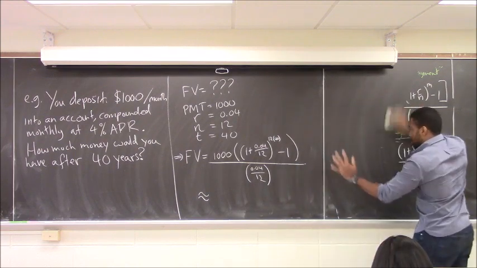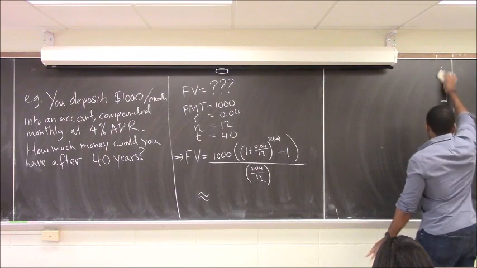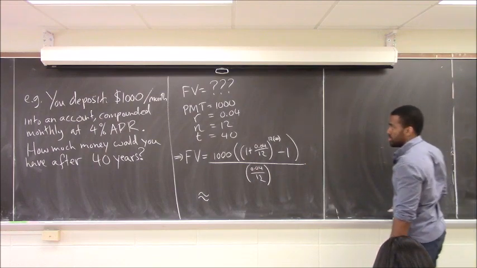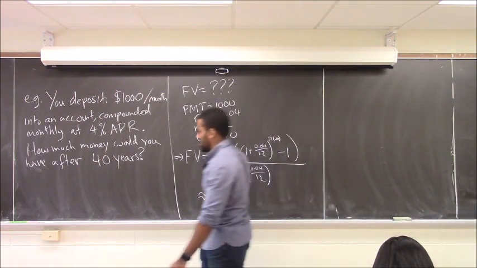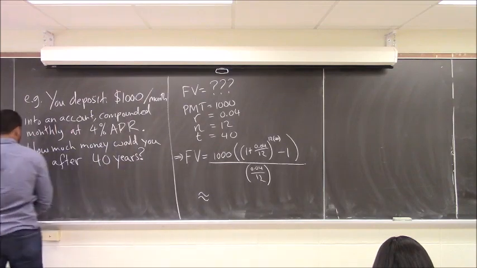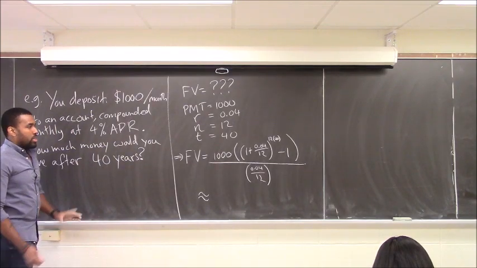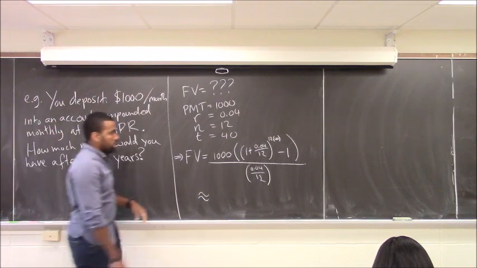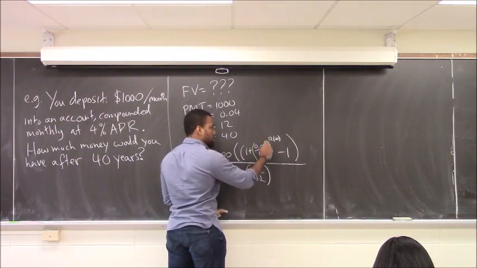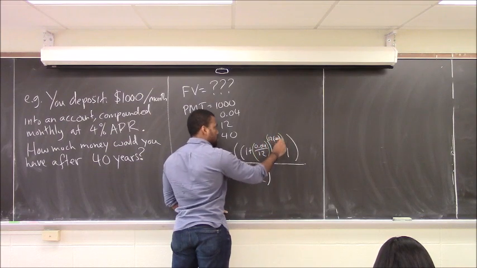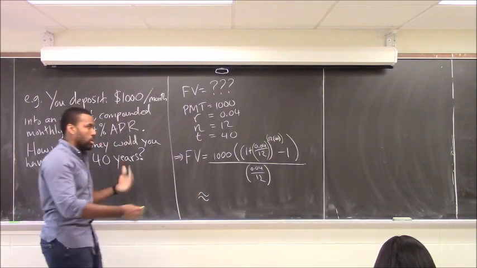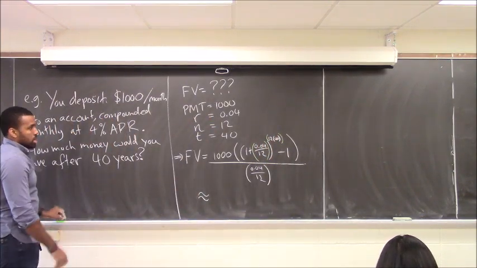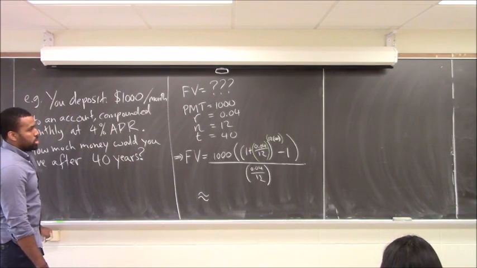And remember, PEMDAS: parentheses are important where they go. If you have a calculator where you can see on the screen what you're typing, you should notice that you would need parentheses around this part and around this part. If you're not, I would build up to it.